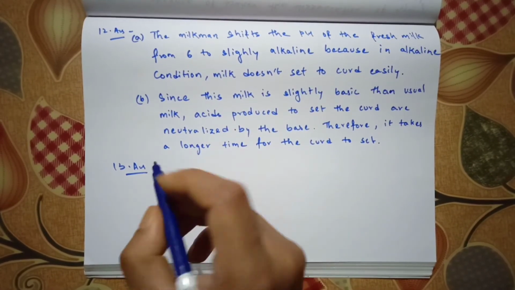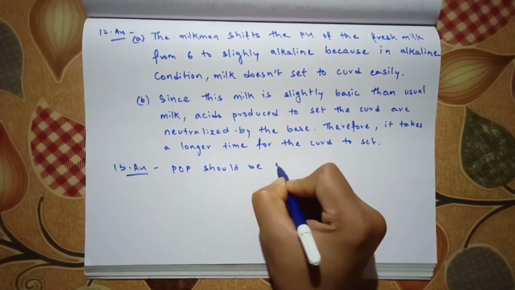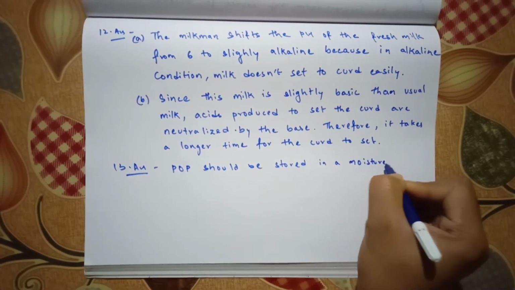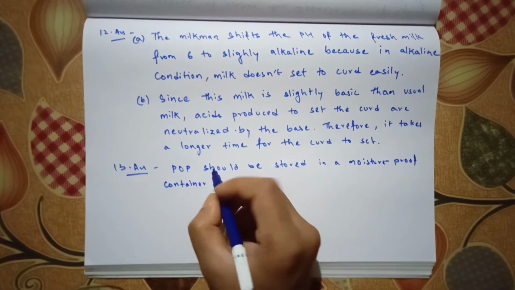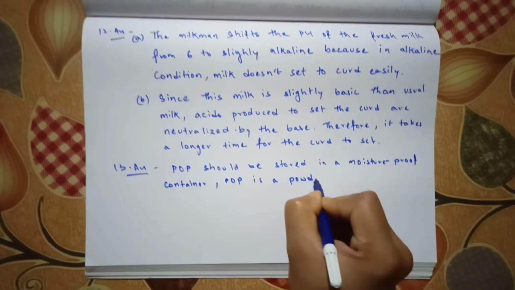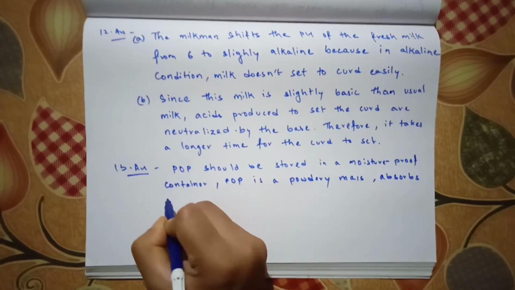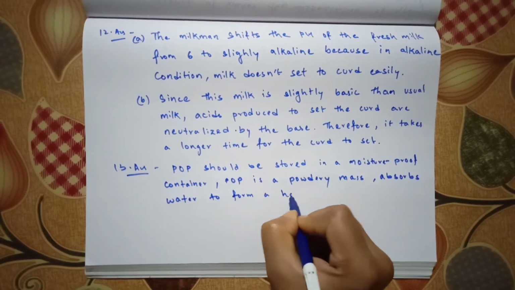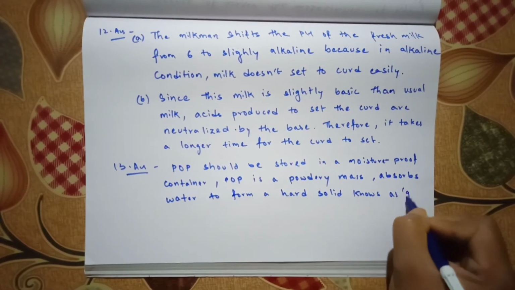So the answer will be: plaster of Paris, which is POP, should be stored in a moisture proof container, because POP is a powdery mass which absorbs water to form a hard solid known as gypsum.